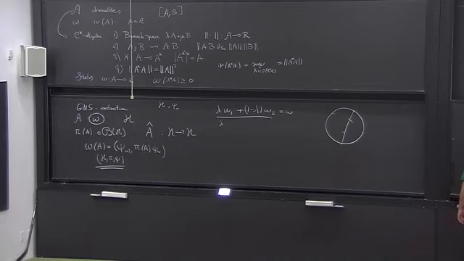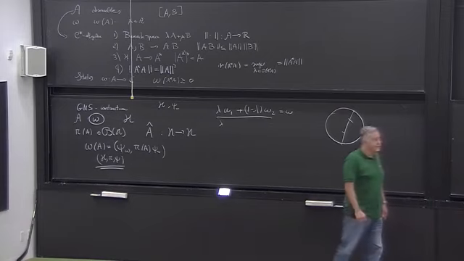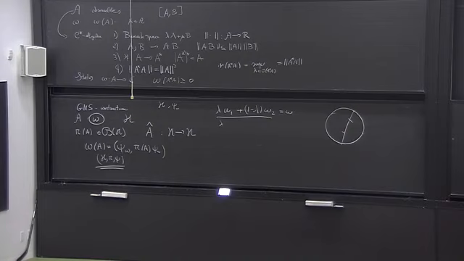So we define U of alpha equal to e to the i alpha Q and V of beta equal to e to the i beta P. So these are bounded functions of these possibly, probably unbounded operators.